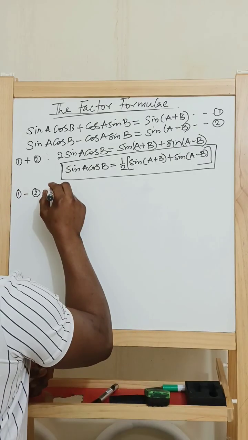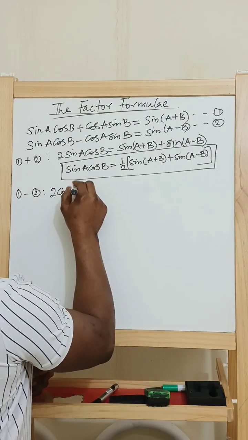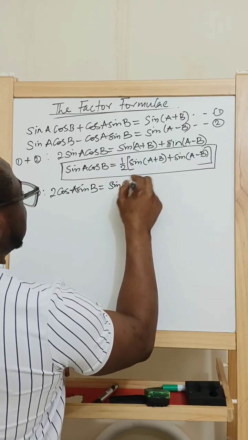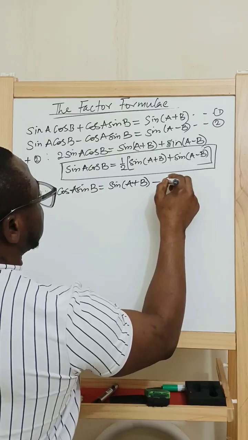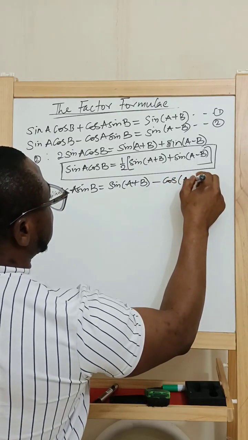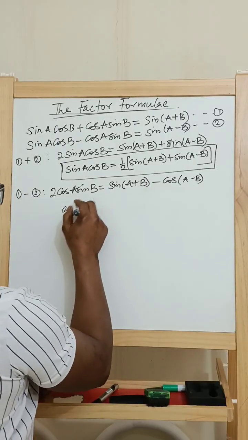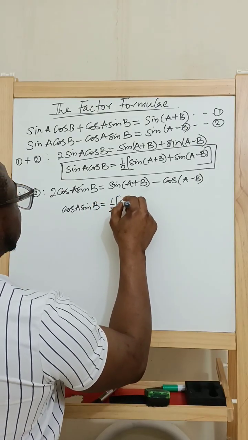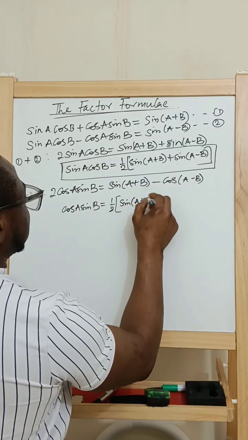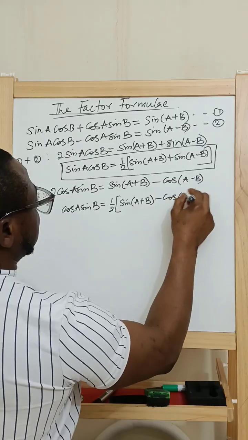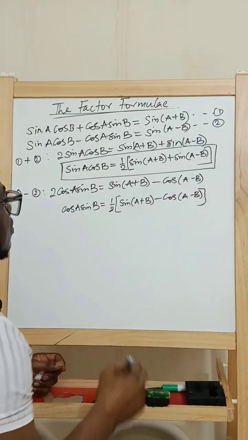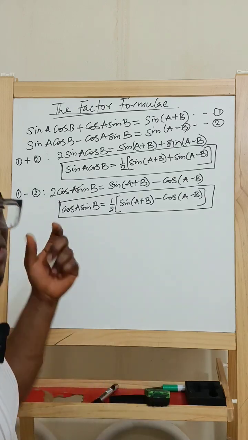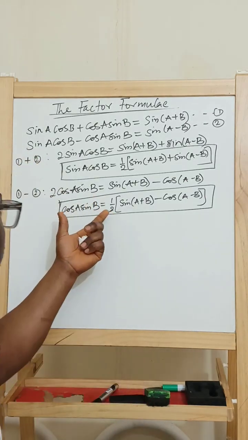So that will be 2 cos A sine B, which is sine A plus B minus sine A minus B. So from here, cos A sine B is going to be half sine A plus B minus sine A minus B. So this is how we convert an expression like this into addition.